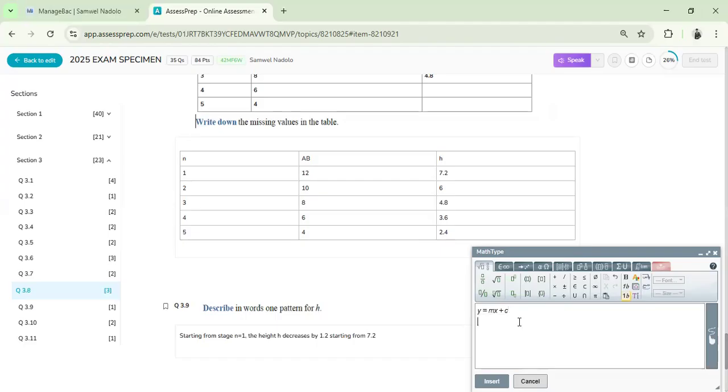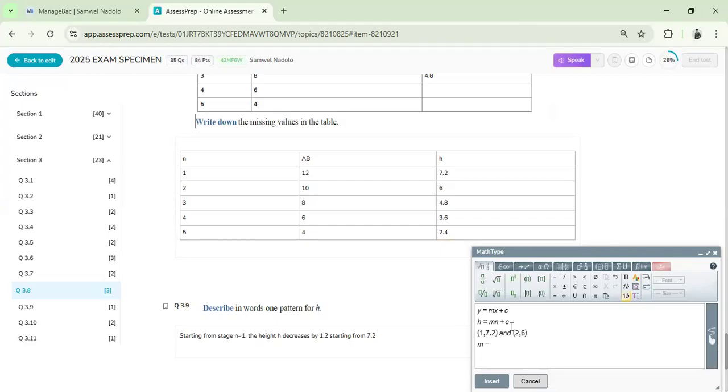But because we are comparing small h and n, we'll write h is equal to mn plus c. So we will calculate m, which is change in y divided by change in x. I'm going to choose 2 points. I'm choosing 1 and 7.2. You can choose the one you want. And also I can choose the point 2 and 6.